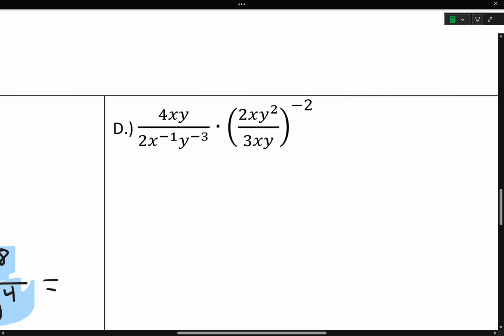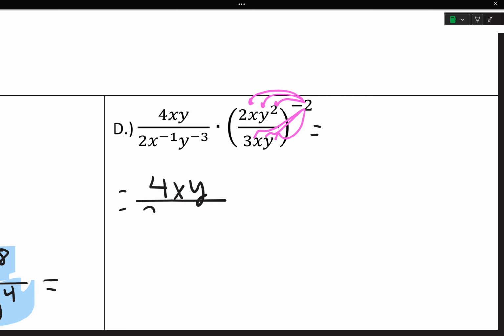In letter D, once again, we have a power of a quotient. So I am going to multiply all the powers by -2 before I reorganize them. Keep the first original fraction the same.